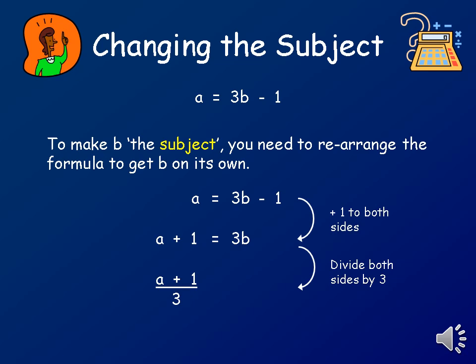So that becomes a plus 1 over 3, and that gives us b because we divided that by 3. So the solution to this, we have been asked to show b as the subject, so b equals a plus 1 over 3, or divided by 3.